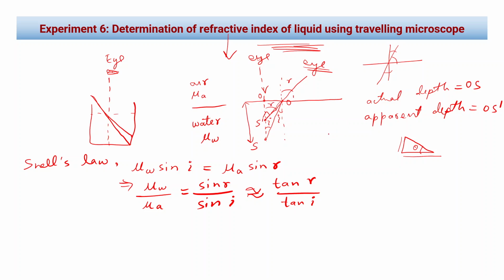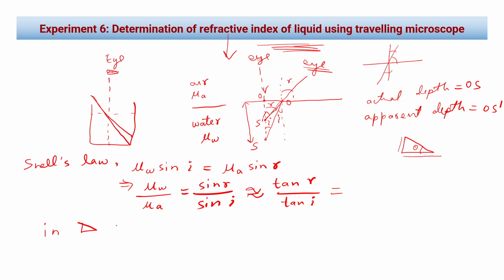Okay. So tan of r will be, in this right angle triangle S prime O O prime, right?